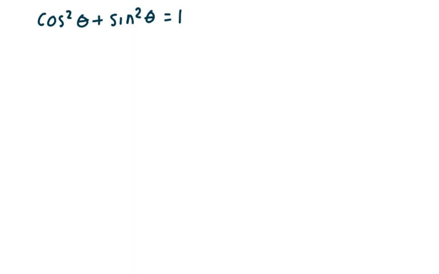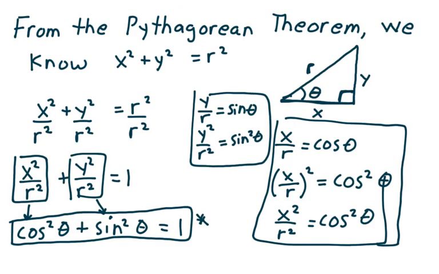And what I'm going to do is I'm going to divide everything by cosine squared theta. It's really slick because we know one Pythagorean identity. We can get other Pythagorean identities for free.